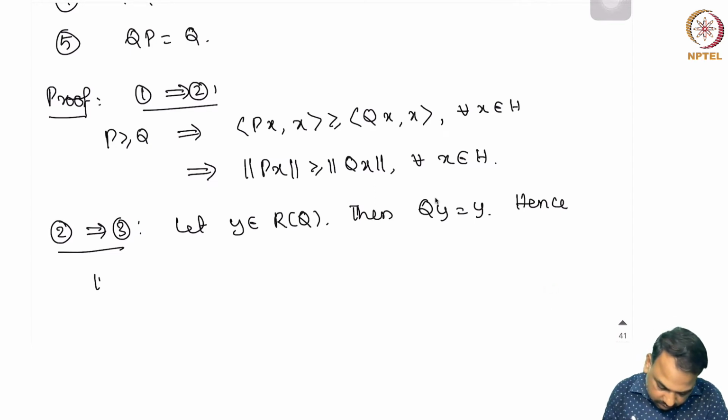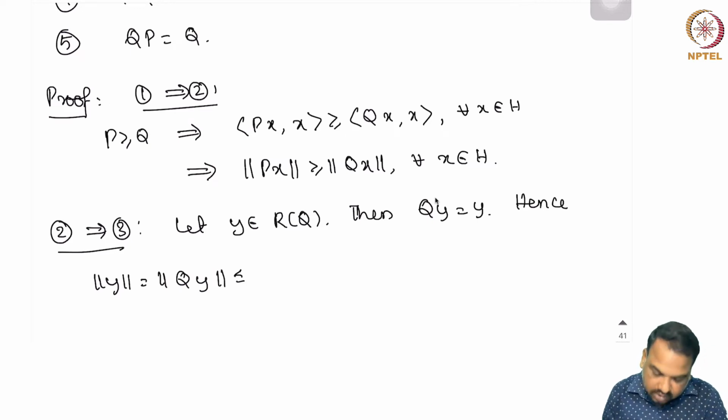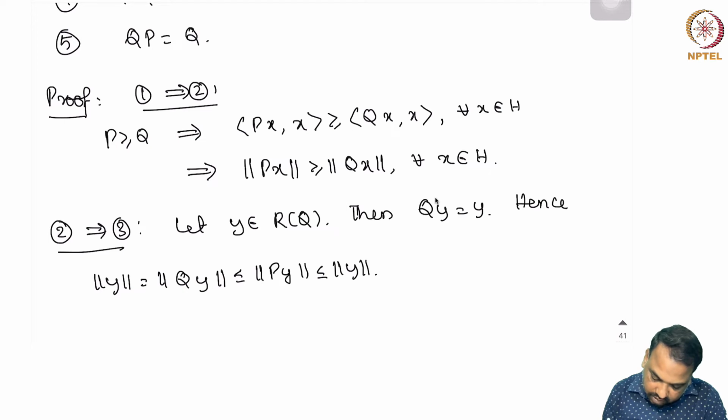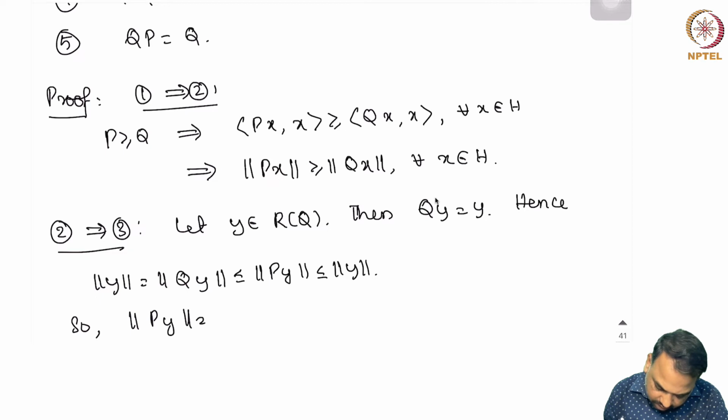Hence norm of y, we can write as norm Qy, and we know by hypothesis that this is less than or equal to norm Py, and P is a self-adjoint bounded operator whose norm is less than or equal to 1. So in fact norm of P is 1, so this is at most norm y. So norm of Py is norm y.